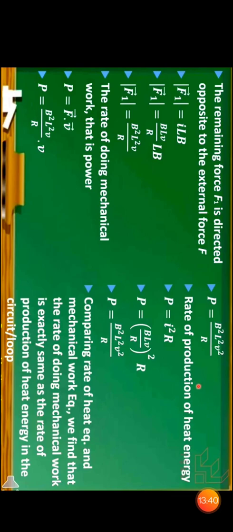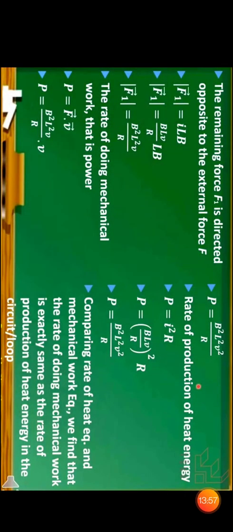Then mod of F1 is equal to ILB. Now mod of F1 is equal to BLV upon R into LB.